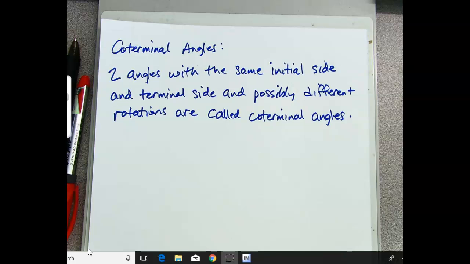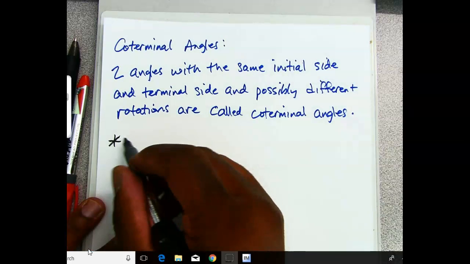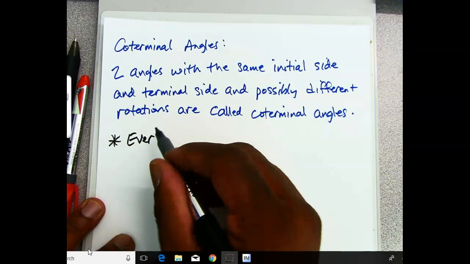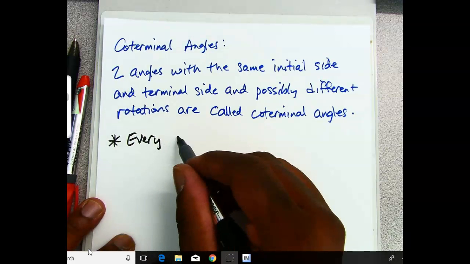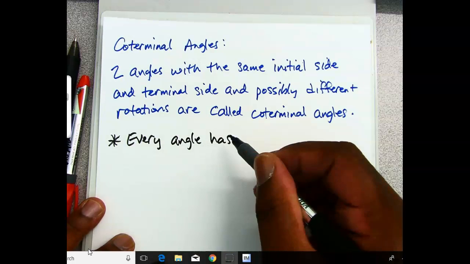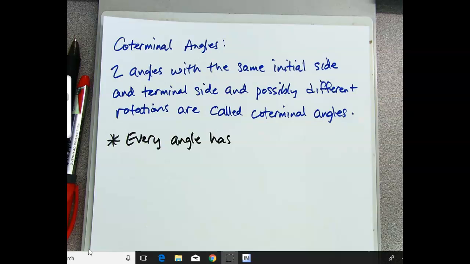So they will share an initial side, they will share a terminal side. How many coterminal angles does an angle have? So 30 degrees, how many coterminal angles are there for 30 degrees?